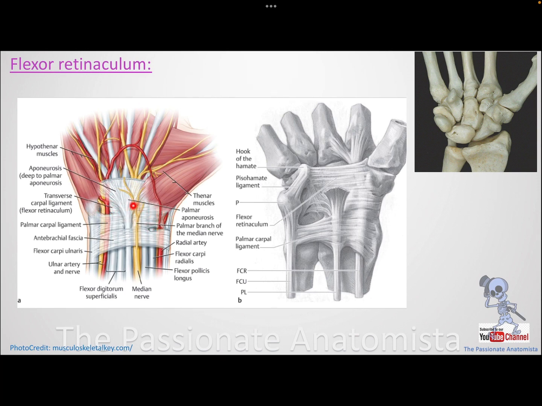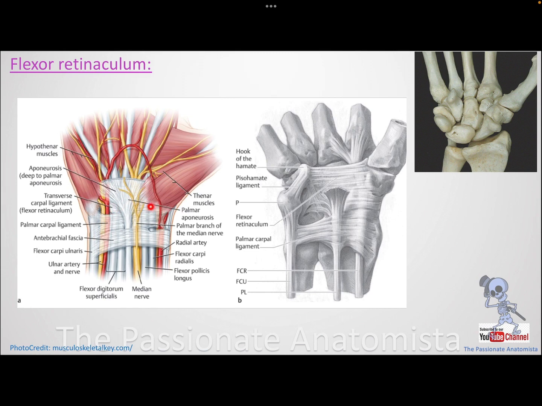So if that is there to support, it means the tendons of my flexor digitorum superficialis and profundus need to go deep to it, plus the pollicis, of course, because we know that pollicis is separate from everyone. The digitorum is only for 4 digits and pollicis has its own muscles. So those muscles need to run deep to the flexor retinaculum down there.